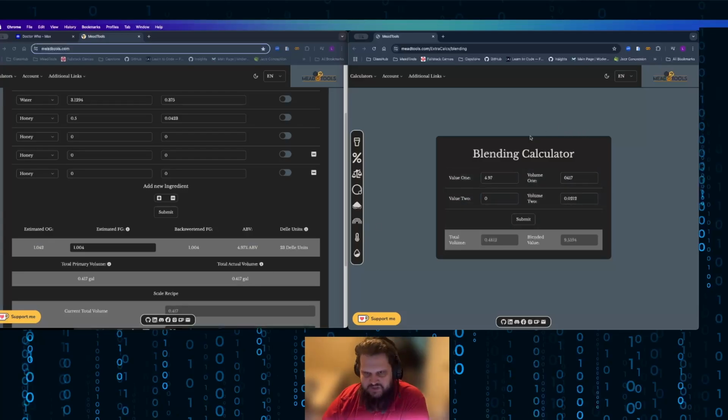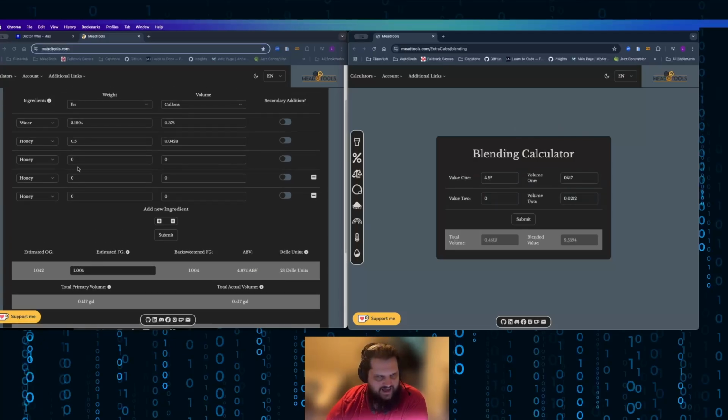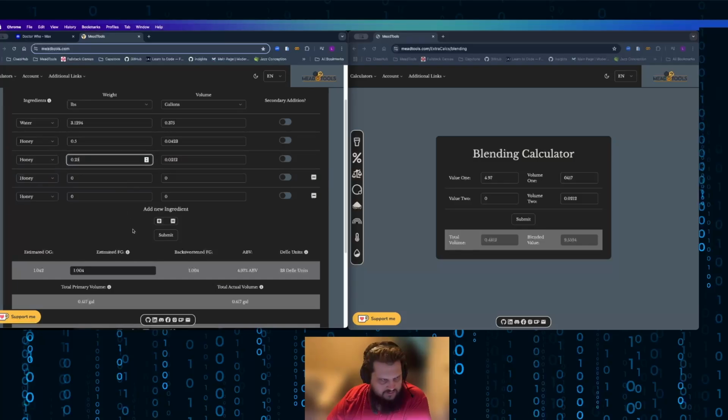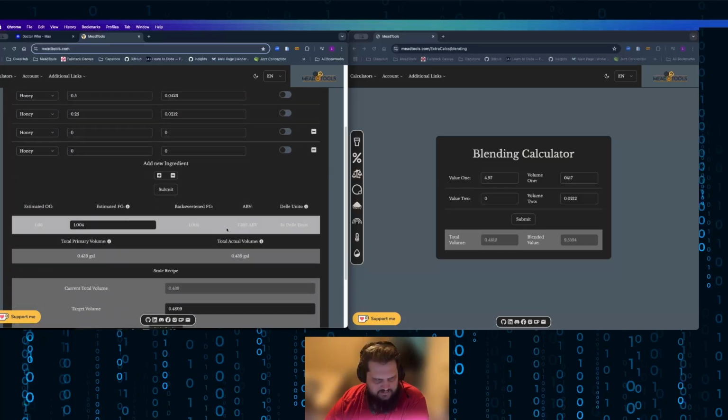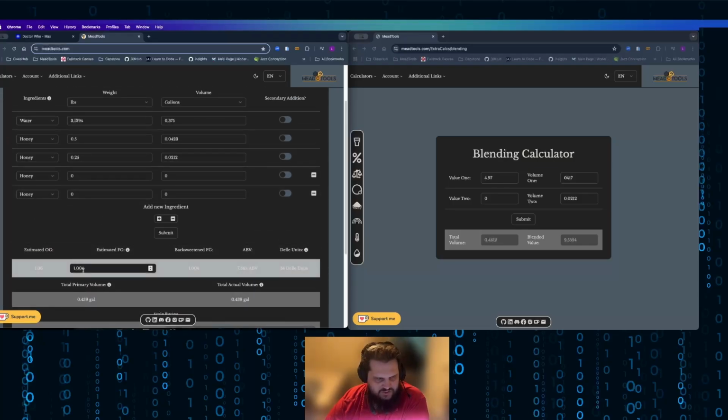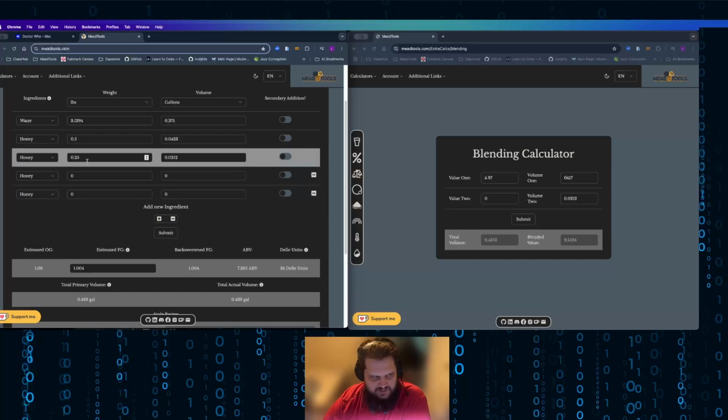Okay, and now I go in and add a quarter of a pound of honey. That tells me that my volume is now up to 0.439 gallons, and that my new potential, if I were to go back down to 1.004 again, is 7.36%. But let's see what our current ABV is before any of this honey ferments.